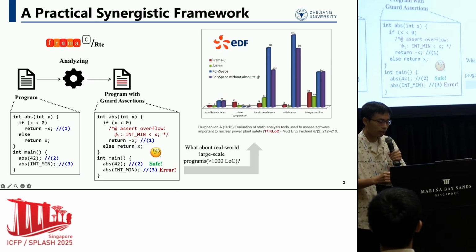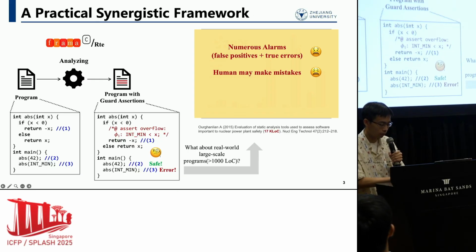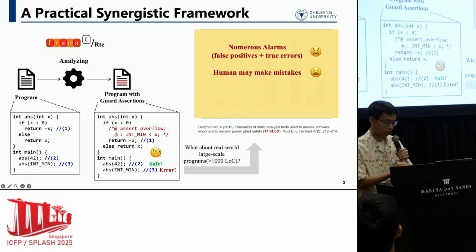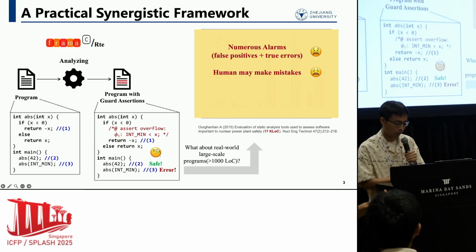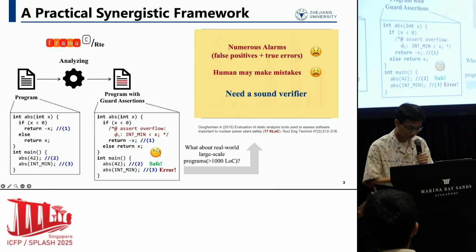Consider this nuclear power plant software with 17,000 lines of code. SOTA analyzers generate hundreds of alarms. Manually inspecting each one to determine if it's a false positive or a real error is not only tedious, but also highly prone to human error.